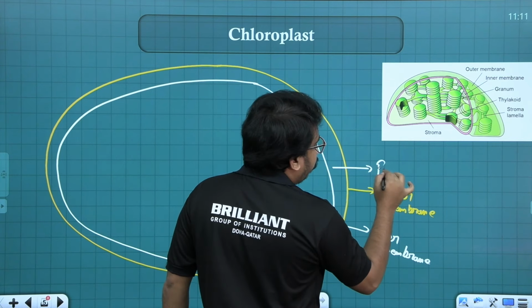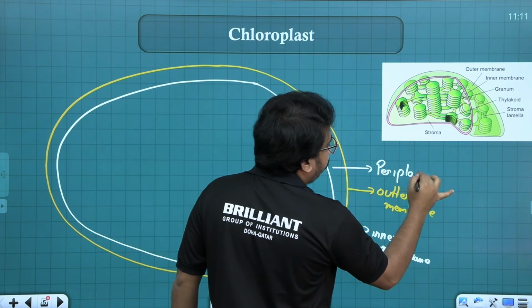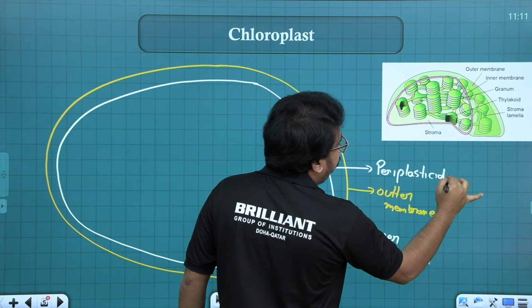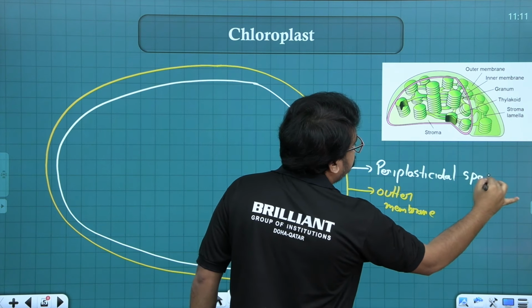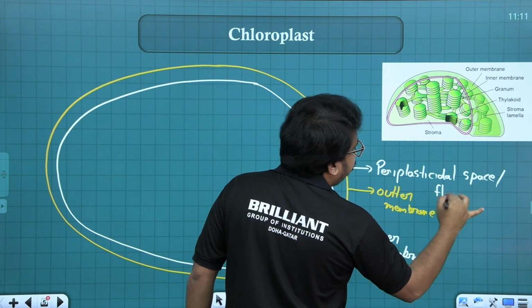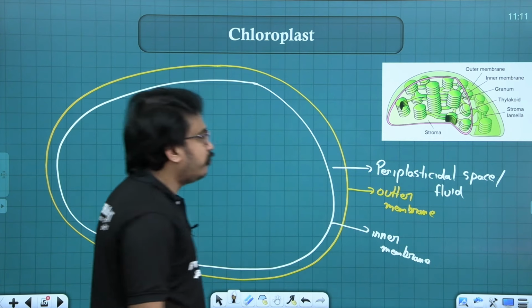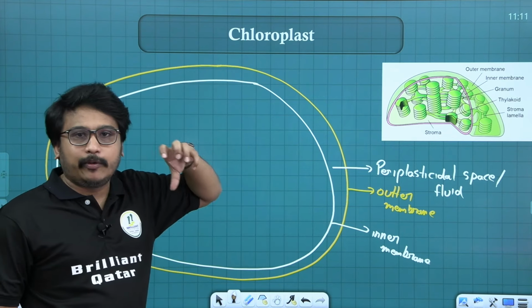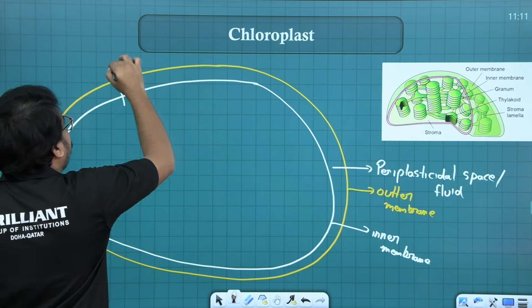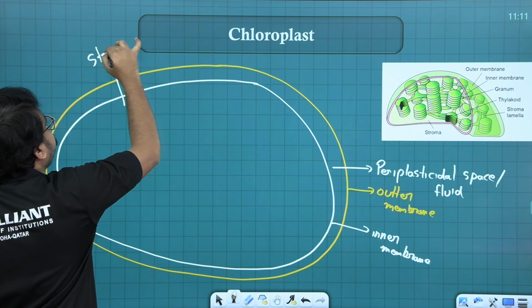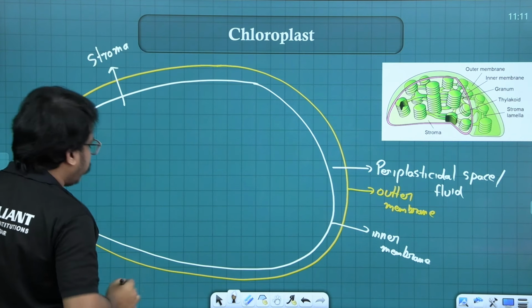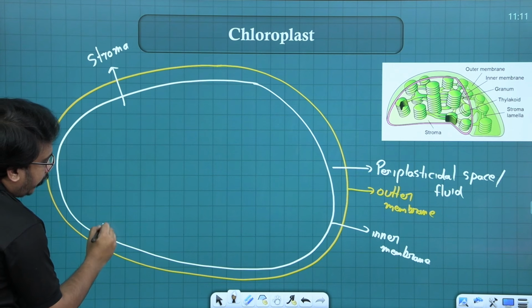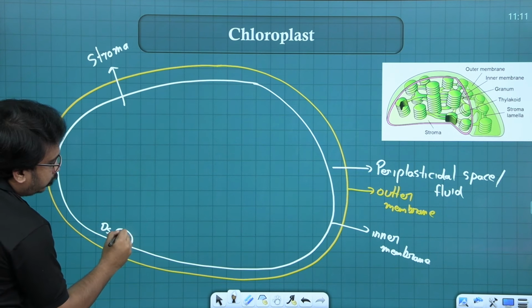So here there is a periplastidial space which is filled with periplastidial fluid. Now, the inner part of the chloroplast, where a fluid is present, is called the stroma. In the stroma, there is a double-stranded circular DNA.